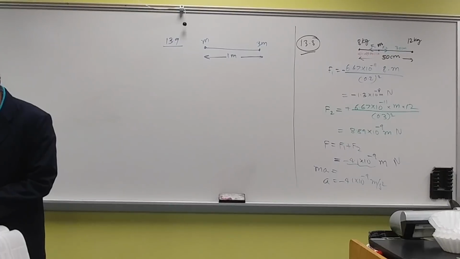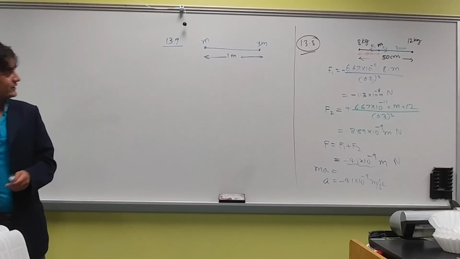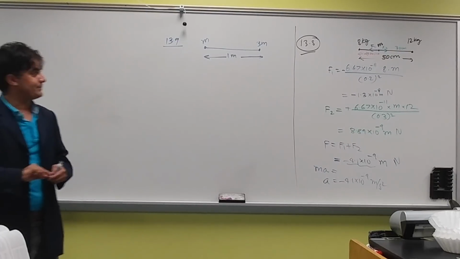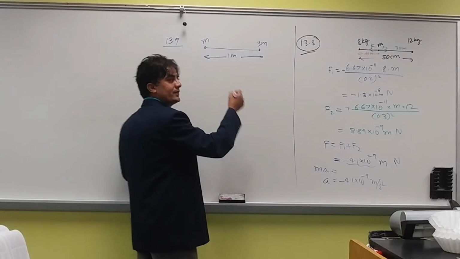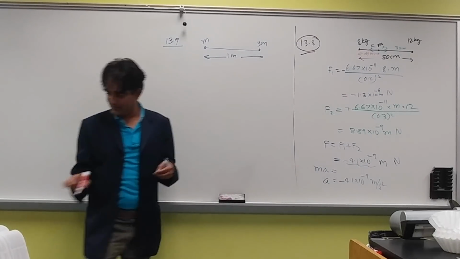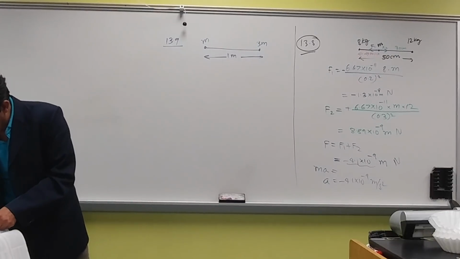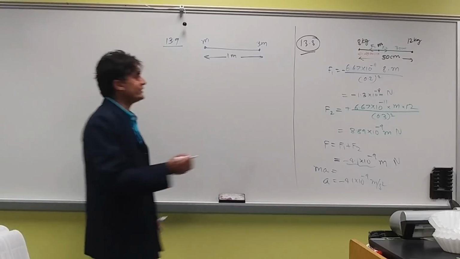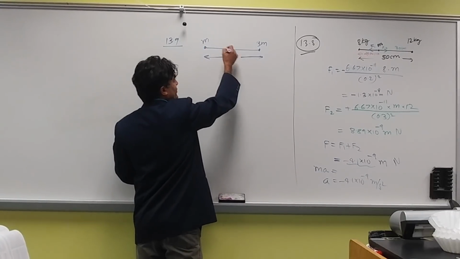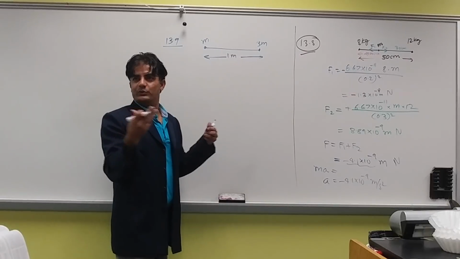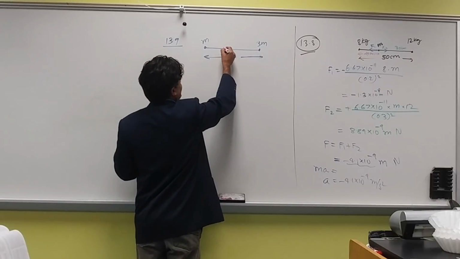Where should you put a third mass, capital M, so that the net gravitational force is exactly 0? What you know is it has to be somewhere on this side.